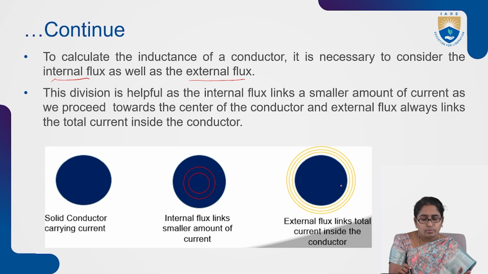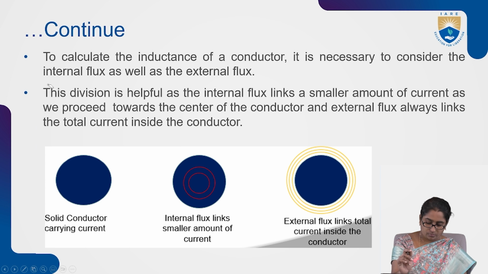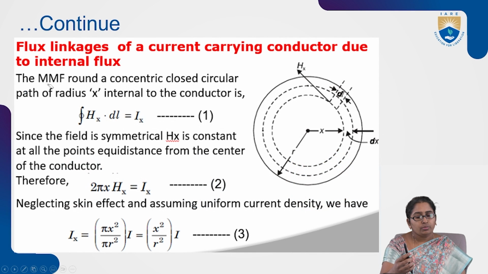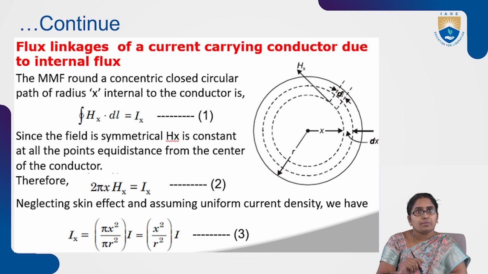So what happens to the external flux? It links with almost the total current flowing through the conductor. Only a smaller current is flowing inside, so internal flux links with only a smaller amount of current.